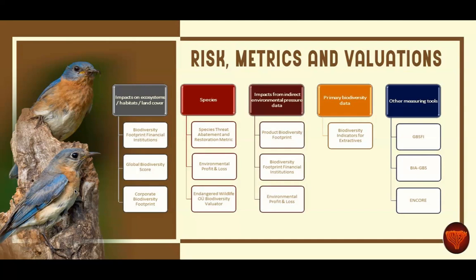But what we do have is different providers offering different solutions. For example, we can do a risk assessment, which is more of a qualitative risk matrix, such as that provided by Encore. We can have a look at indexes, such as the Index of Habitat Quality.